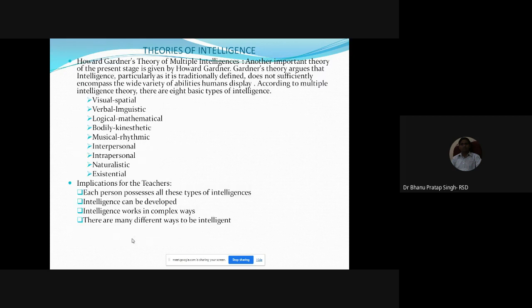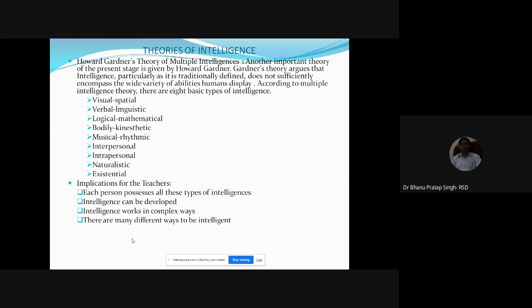Next, this is one of the most important theories given by Howard Gardner. This is also known as theory of multiple intelligences. Howard Gardner has eight basic types of intelligence.